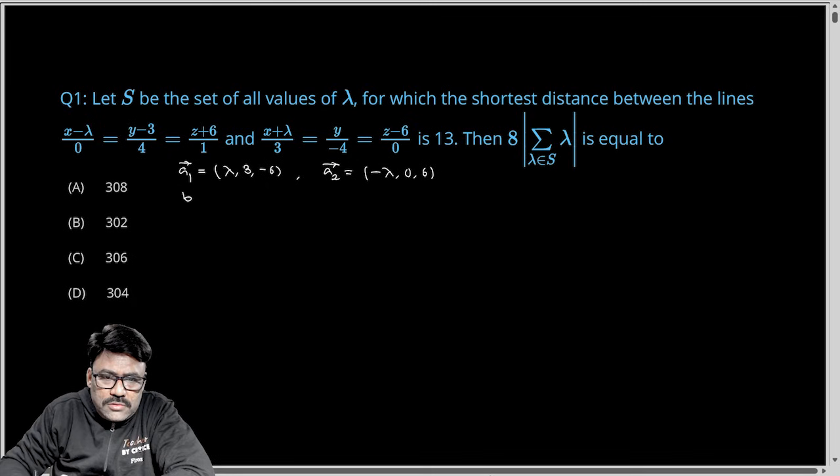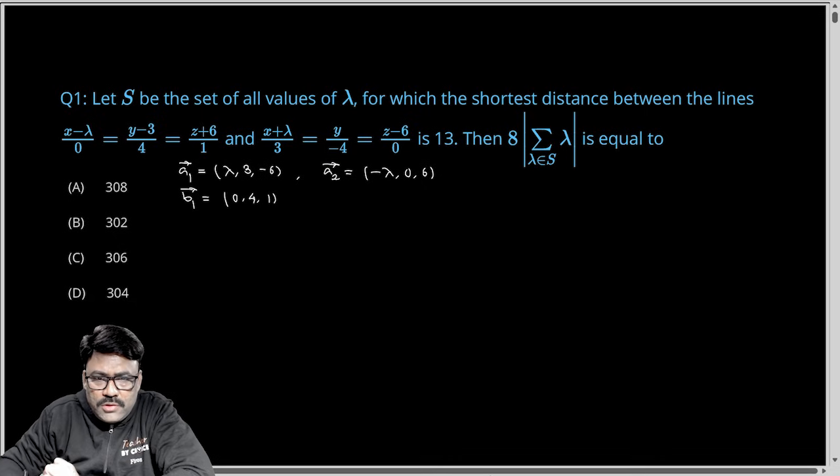Now the direction vector of the first line is 0, 4, 1, and the direction vector of the second line is 3, minus 4, 0.